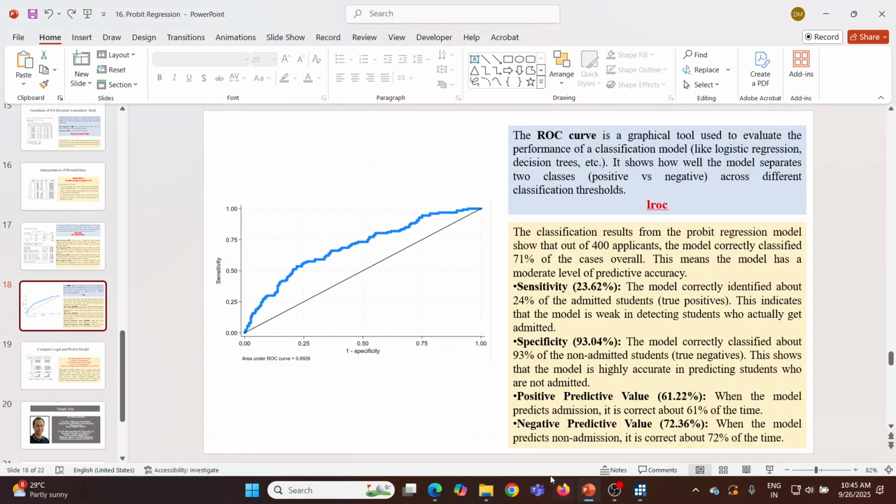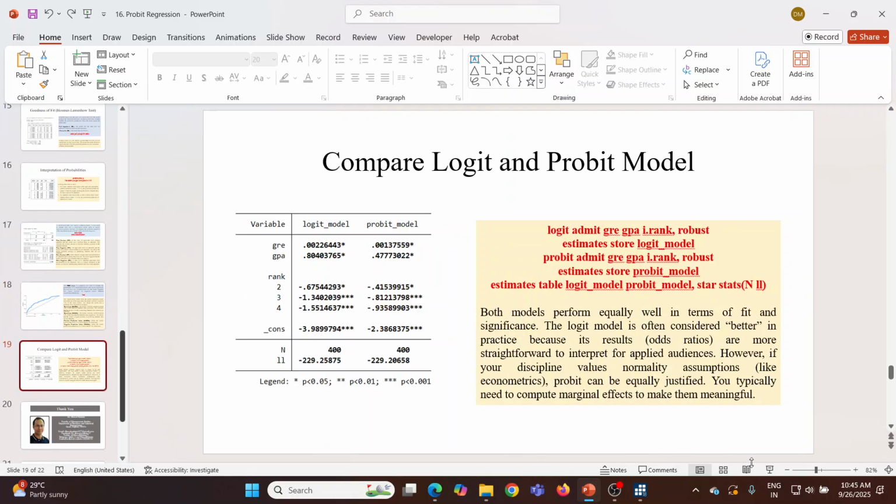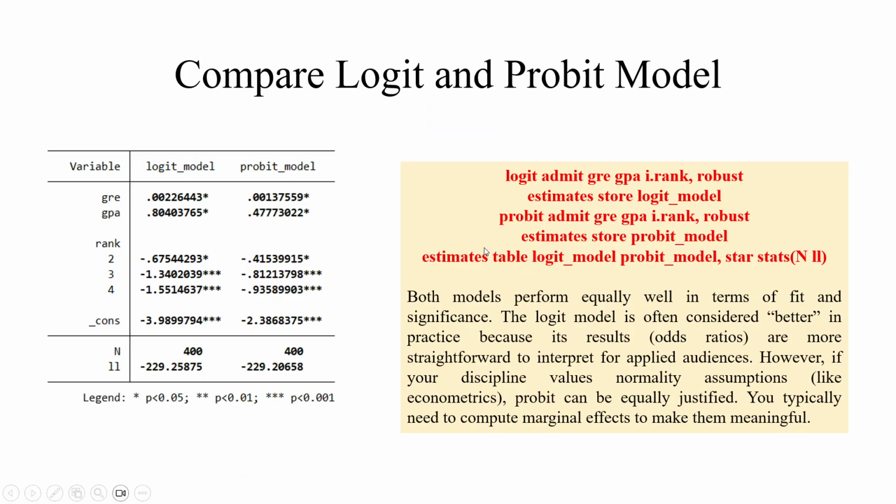Next thing we want to do is compare the results of Logit and Probit model. So this is a command, logit admit gre gpa i.rank, and we will save the results with the help of command estimates store. Then probit, we'll run the command probit, and then estimates store, and then we'll compare.